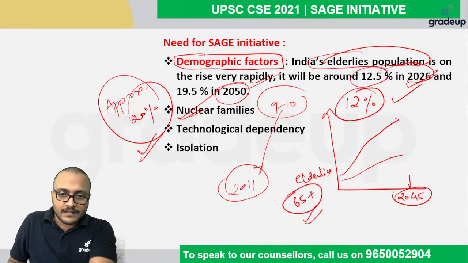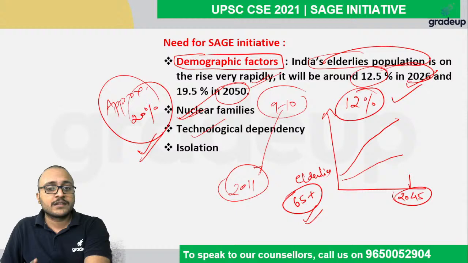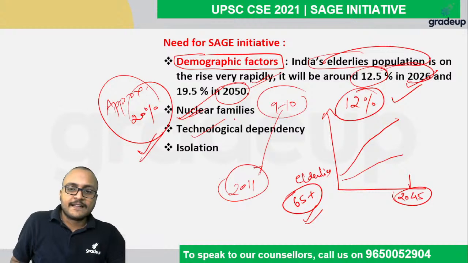The recent Supreme Court judgment was also about making it compulsory for earning children to take care of their parents as well as their senior citizens, right?